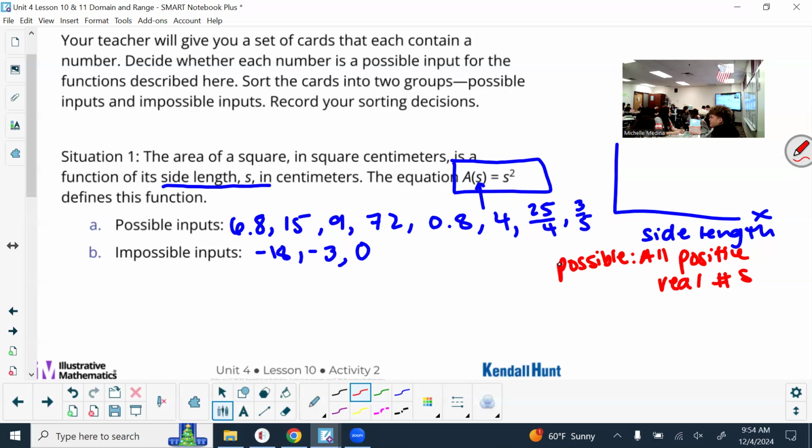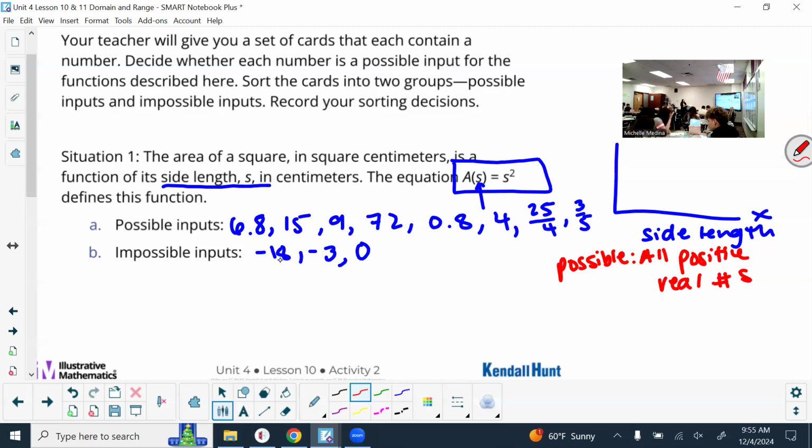When I say that, one, I'm saying that it can't be negative. And real numbers means that it can be whole numbers and all the decimals in between them, like fractions and decimals. Does that make sense? 0 is neither positive nor negative, so that's why it's not.